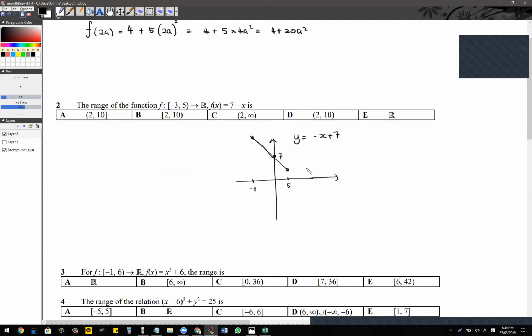Now, can someone tell me what I need to do to fix this graph? There's something that is missing. So what I drew there is this one, from -3 to 5. Can anyone tell me what's wrong with this?